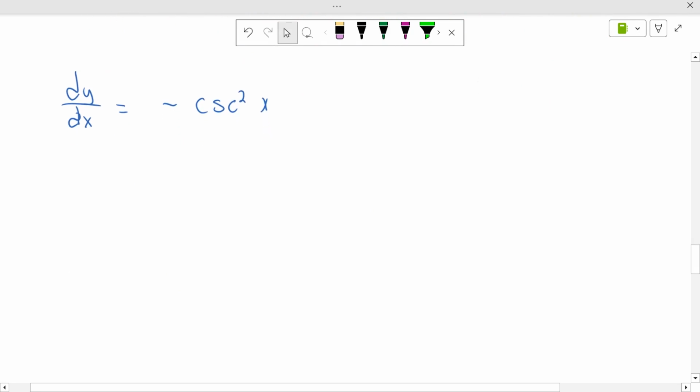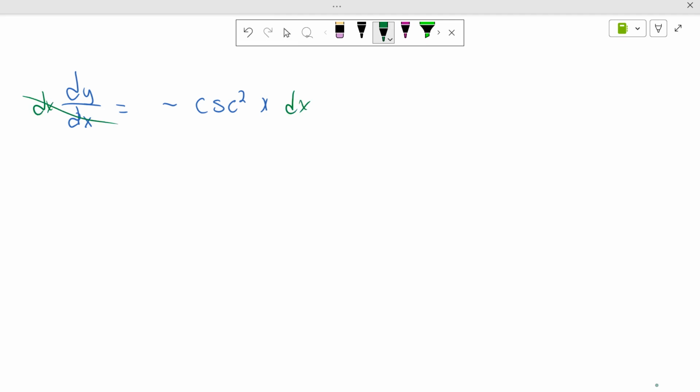What would you do on this one to find a general solution? Do dx right away. So dy equals negative csc squared of x dx. Integrate: y equals, what has a derivative of negative cosecant squared?